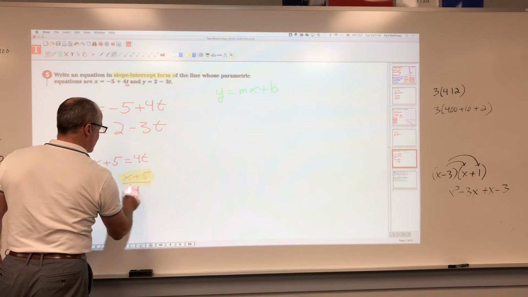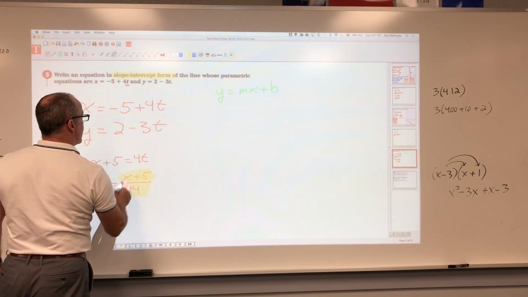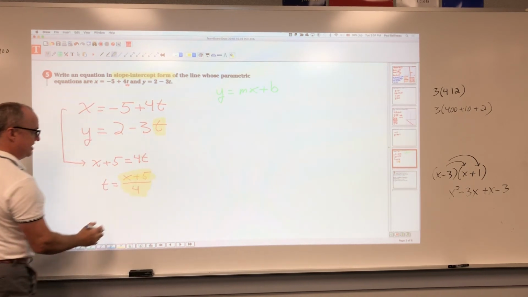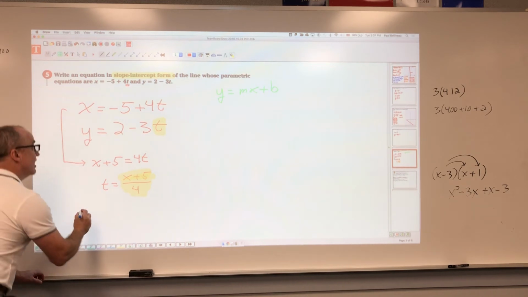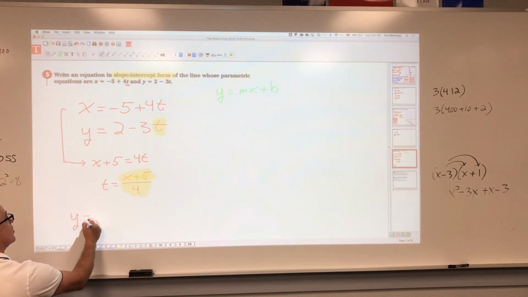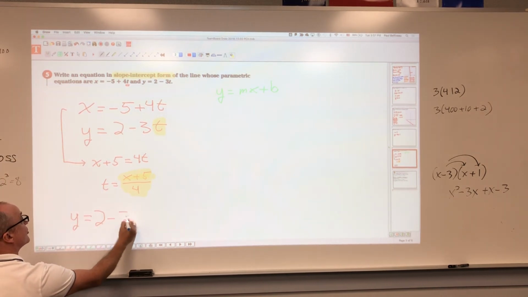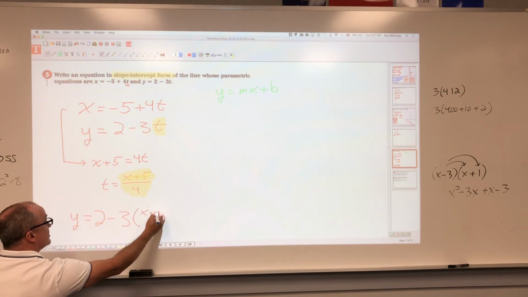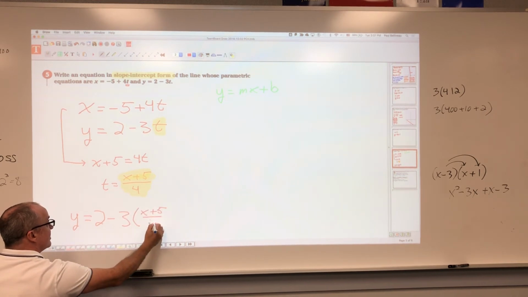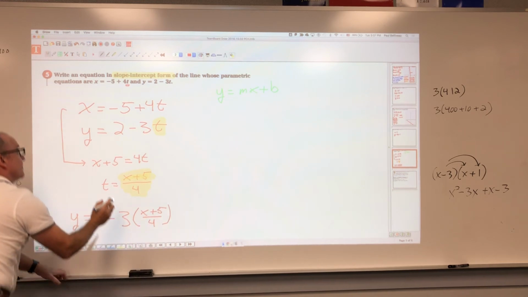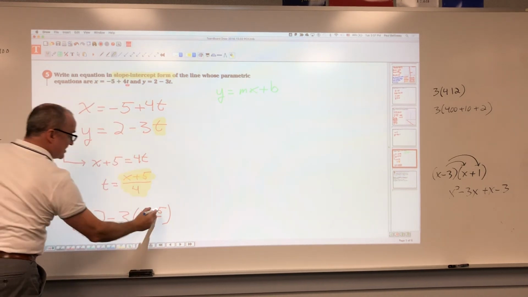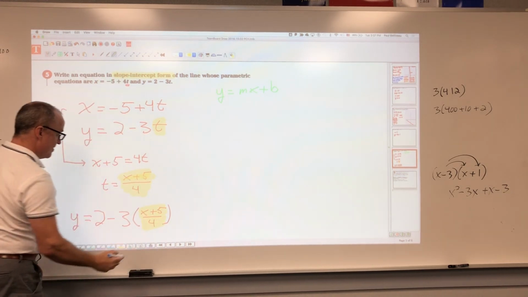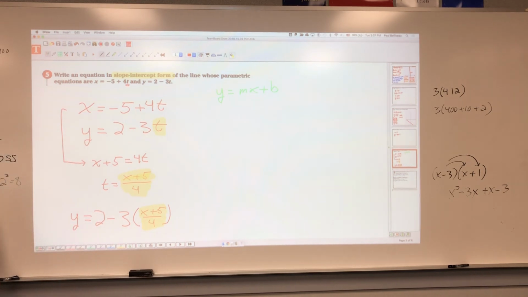Now I'm going to take this whole thing and substitute it in for that t. And this gives me y equals 2 minus 3 times x plus 5 over 4. Now that's not super pretty, but is y by itself? Yes.